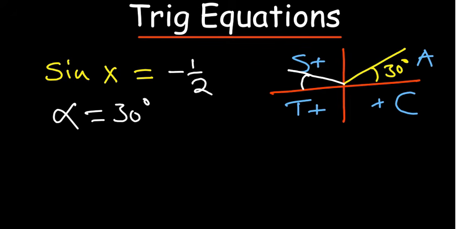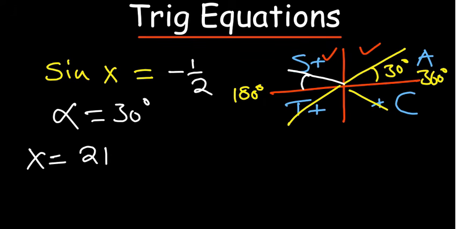Since we know sine is positive in the first and second quadrants, it is going to be negative in the other two quadrants, third and fourth. In the third quadrant, you find an angle by adding to 180, and in the fourth by subtracting from 360. So 180 plus 30, our x is equal to 210 degrees.